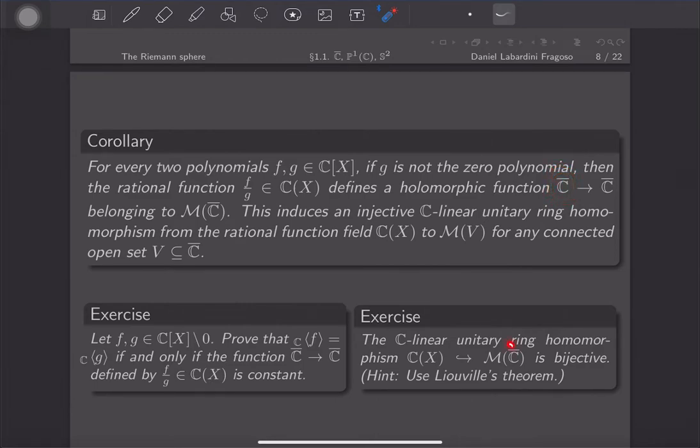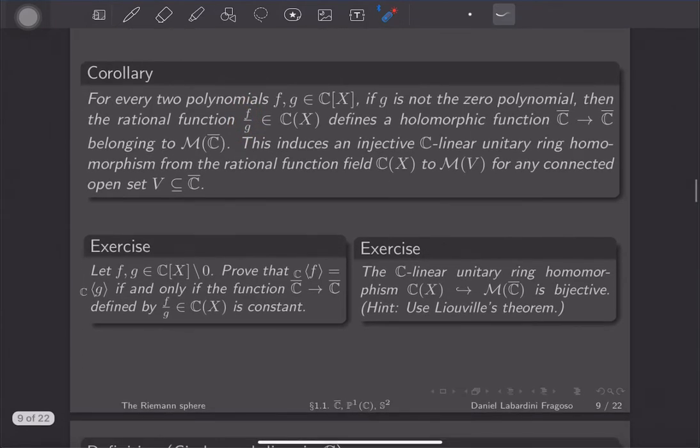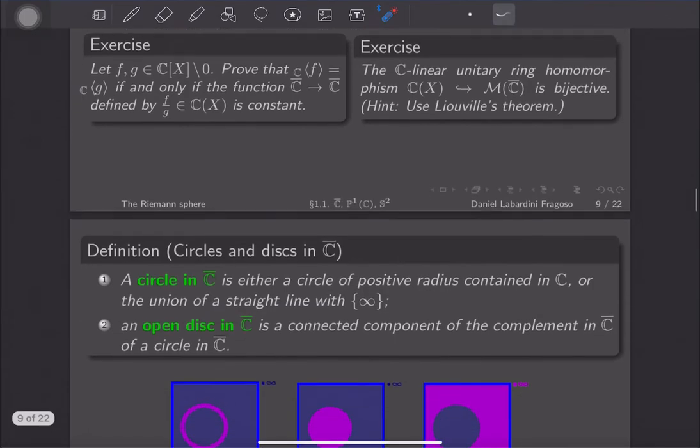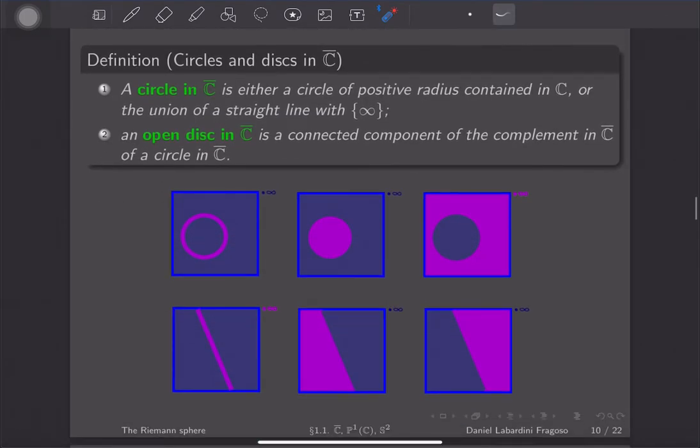And here I'm asking that every meromorphic function defined on C bar is of this form. If you have a look at Liouville's theorem, this is actually not very hard.